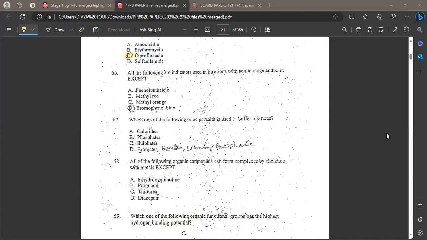Bromophenol, you said it's neutral. Yeah, but I'm not sure because the one I'm seeing is bromothymol and bromophenol. I don't know if it's the same. It could be bromophenol. Anyone else?